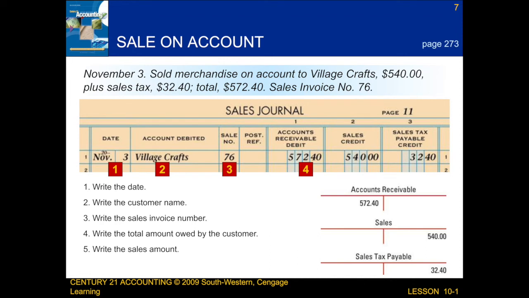After that, we write the sales amount, which is $540, in the sales credit column. And finally, we write the sales tax amount, which is $32.40, in the sales tax payable credit column. And these two numbers, when added together, should equal $572.40. So these two credits, when added together, should equal this one debit.